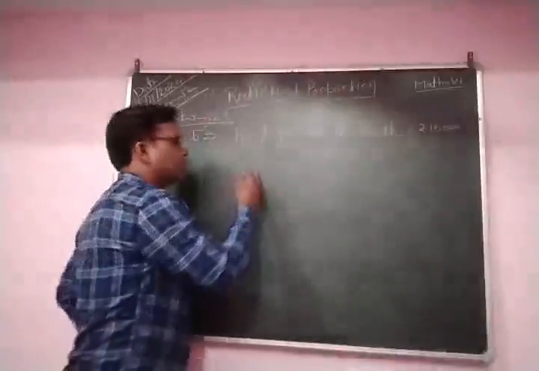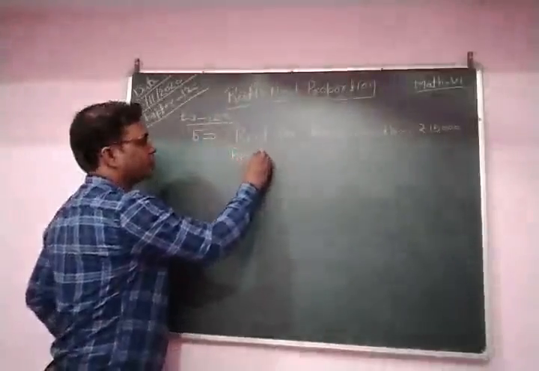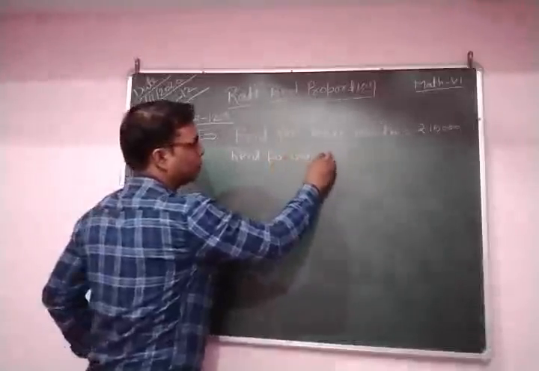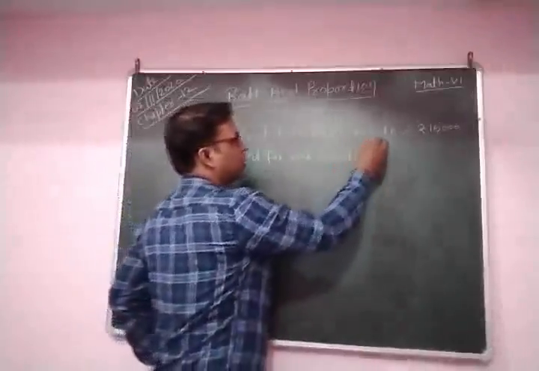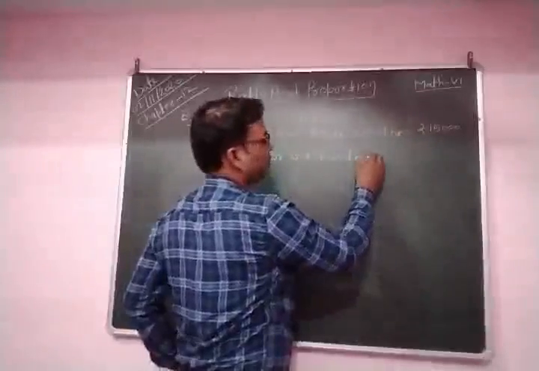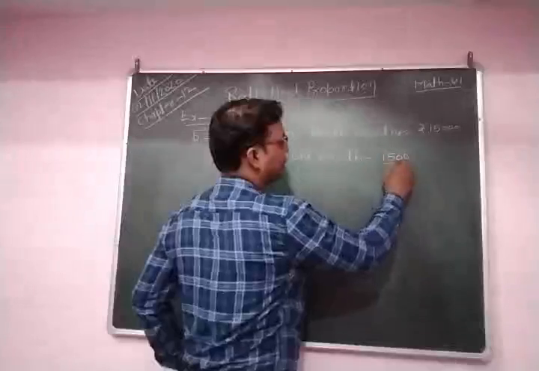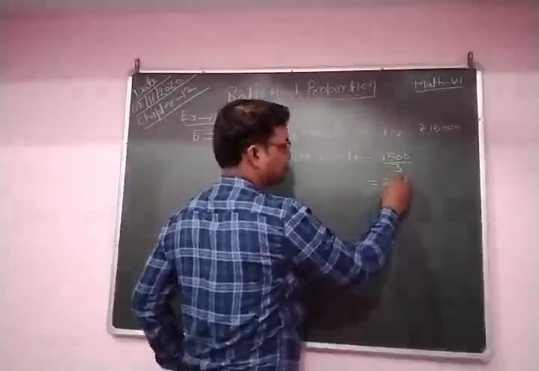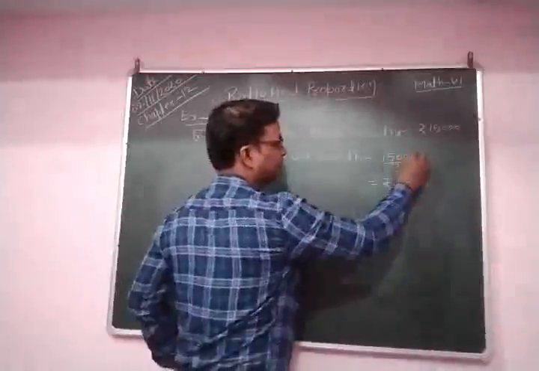So rent for 1 month is equal to 15,000 by 3. If you cancel this, you obtain rupees 5,000. 5 threes are 15.